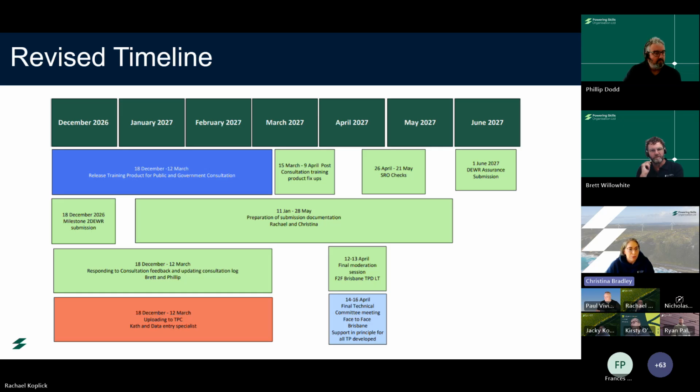Officially under the TPOF, we only need to provide a minimum of 4 weeks for this stage of the consultation. However, based on the complexity and the volume of training products that will be out for this training package, we believe that having it out there for a few months is the most appropriate and fair way for you as the stakeholders to be able to go in and have a look at it.